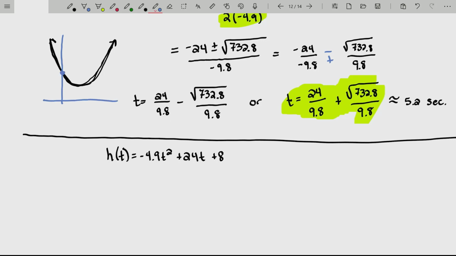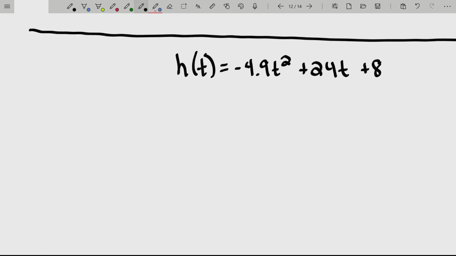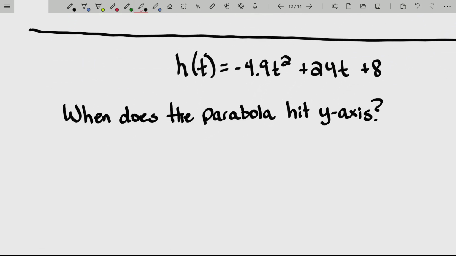That's the critical piece, because if you think about a point on the y-axis, its input, or time value in this case, is 0. Its output is some number. So the way that I highly recommend graphing parabolas and finding vertices and all that fun stuff is the following. Ask yourself, when does the parabola hit the y-axis?